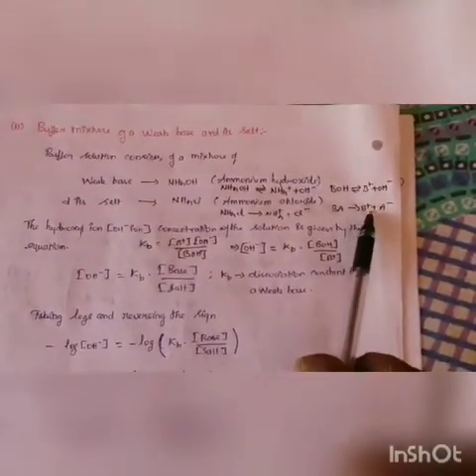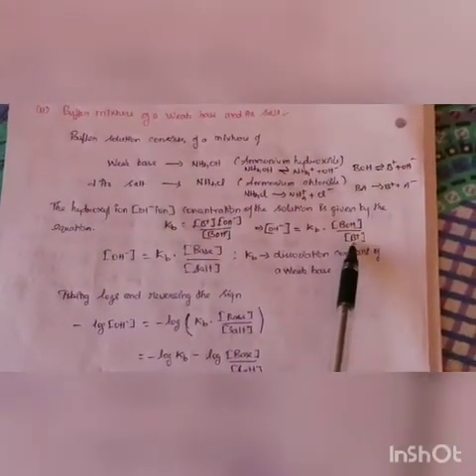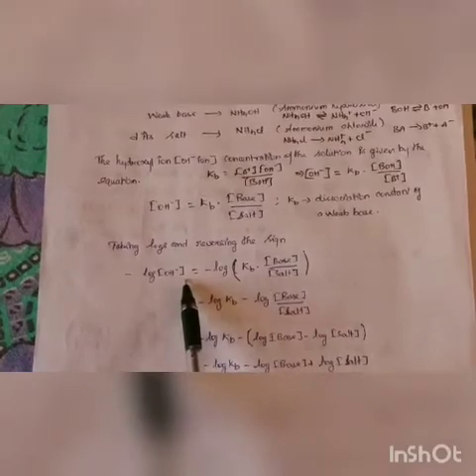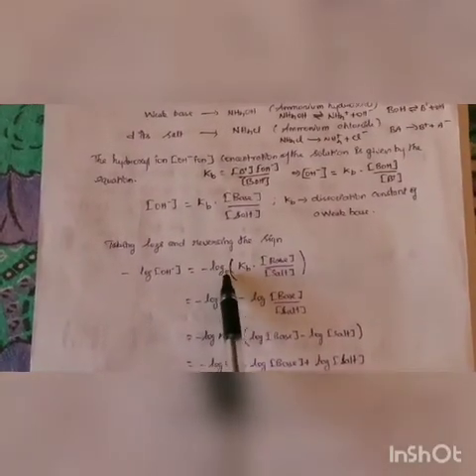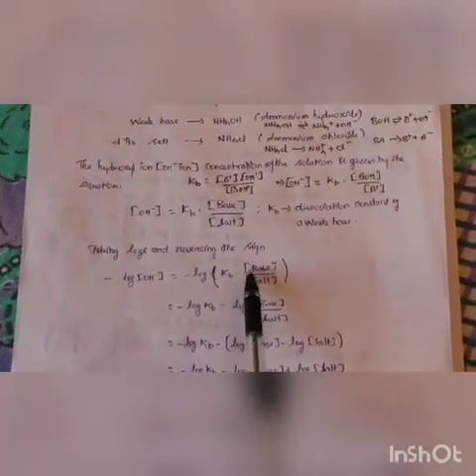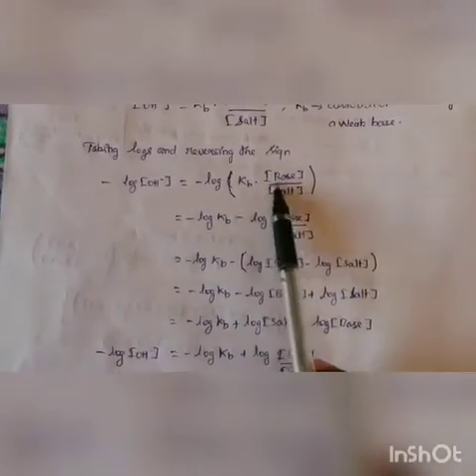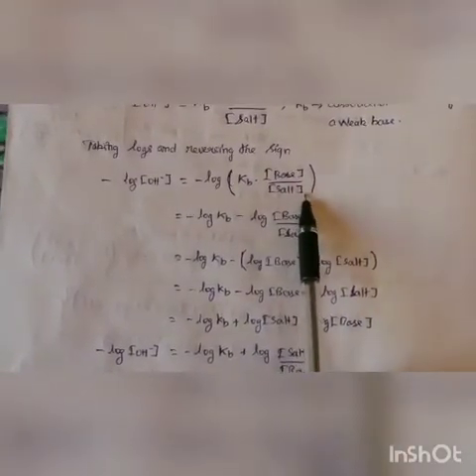So the OH minus concentration is equal to Kb into the base divided by the salt. So we take log and reverse the sign: minus log OH concentration is equal to minus log of Kb into the concentration of base divided by the concentration of salt.